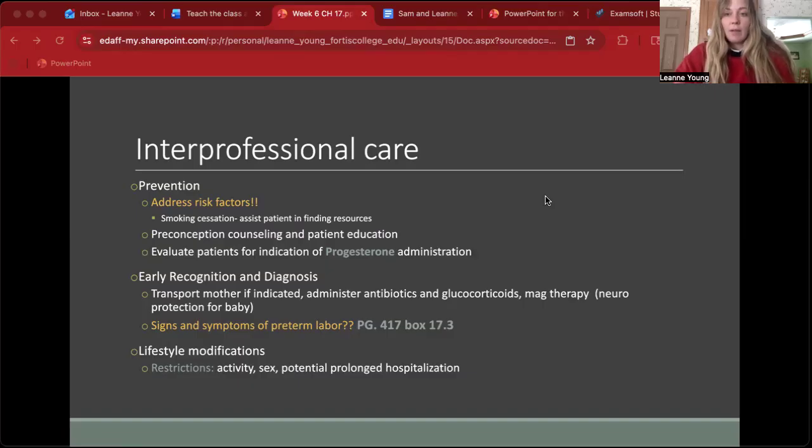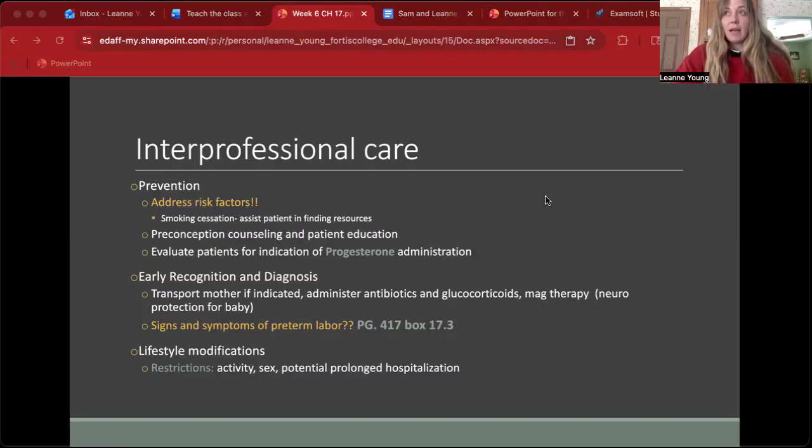So, like I said, if that cervix is measuring less than 30 millimeters, or it's measuring really short early on in the pregnancy, we can give progesterone to help strengthen that cervix and prevent it from dilating and effacing and sending these women into labor. So, typically, if we're going to do progesterone therapy, it begins at 16 weeks and it continues until 36 weeks of gestation.